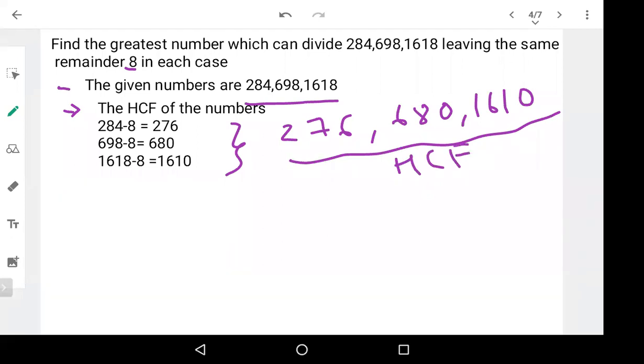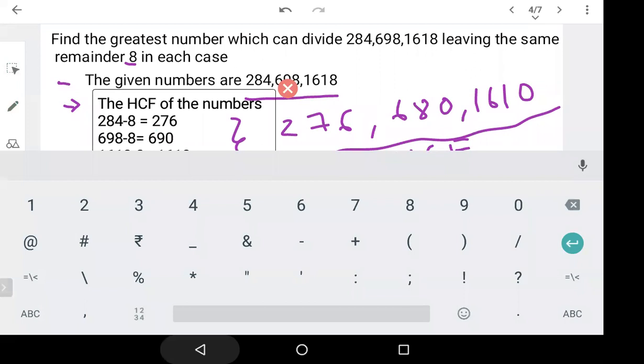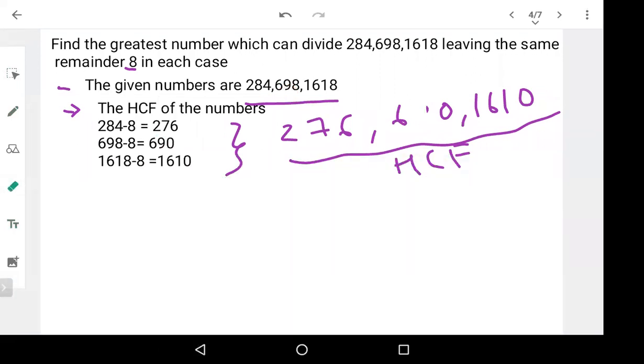You can use the division method or the factorization method. For now we will be using the factorization method. Sorry, that is 690, it just got missed out. Now let us use the prime factorization method and solve it.